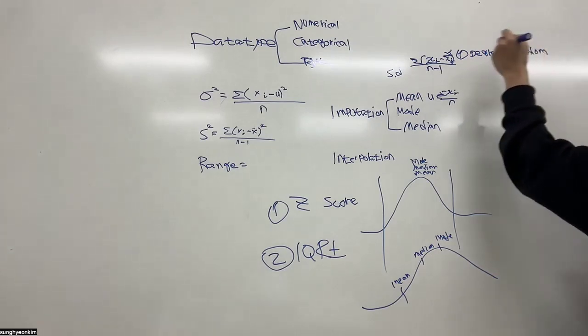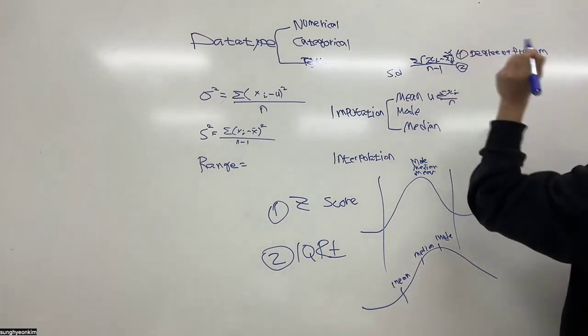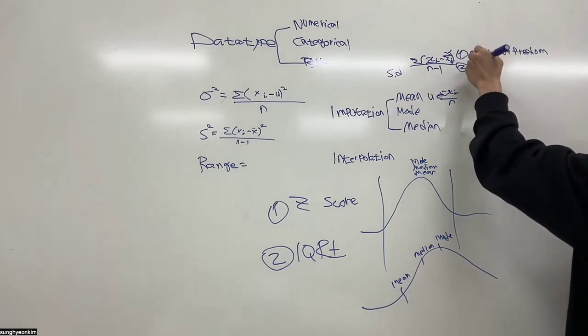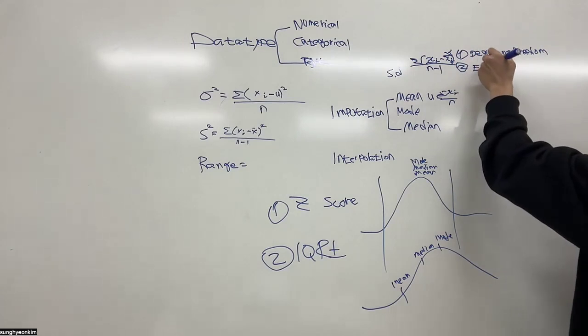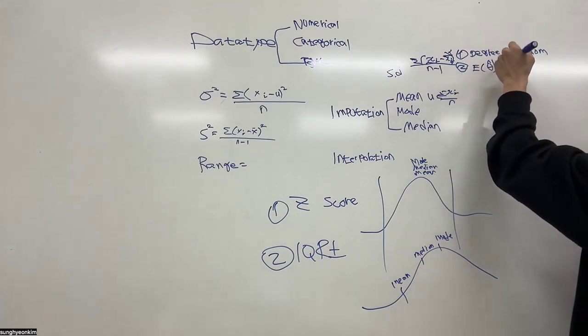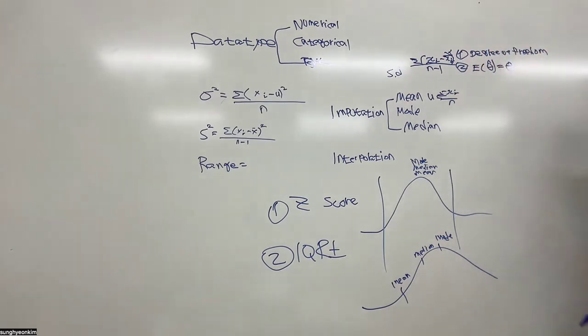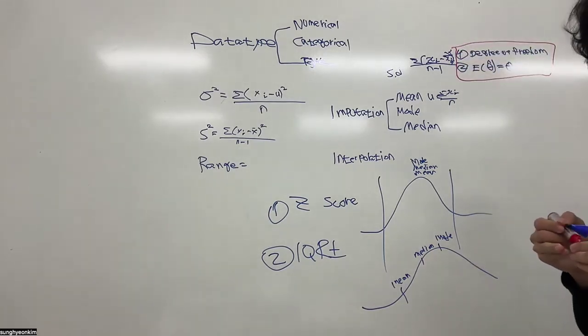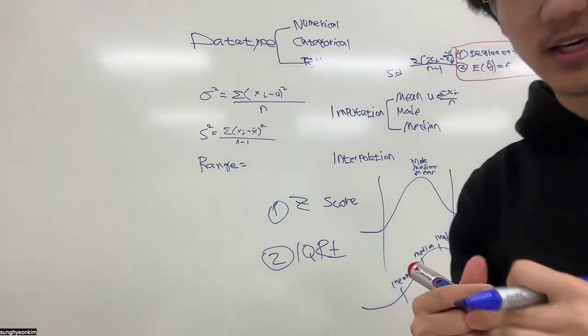If you ask why degree of freedom, that's because we need an unbiased estimator, which is E of theta hat equals theta. I'm a bit curious how these are related to each other. We can figure it out next time.